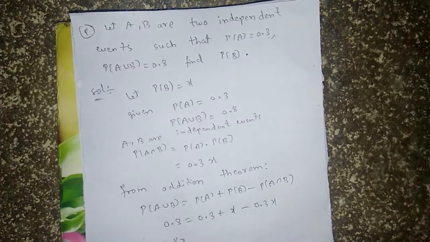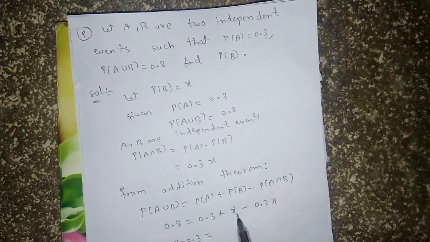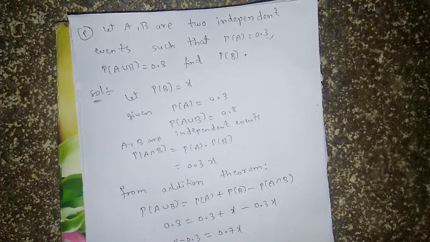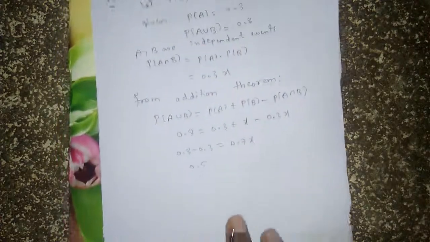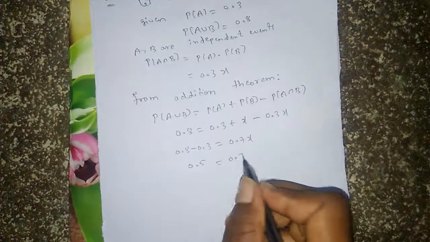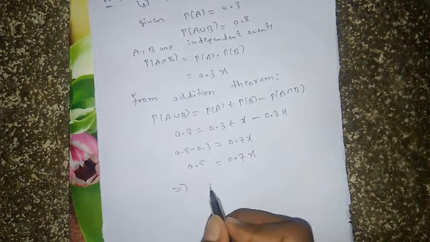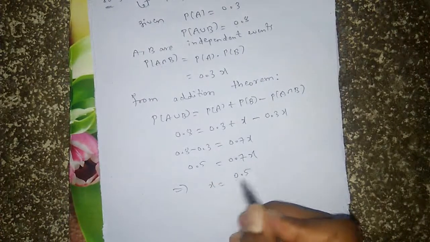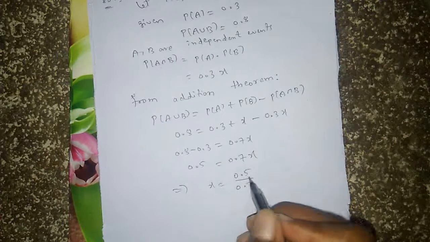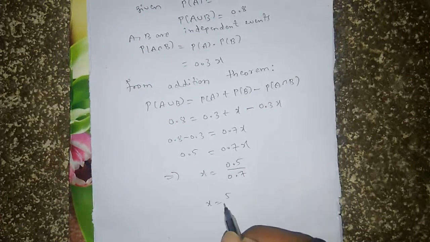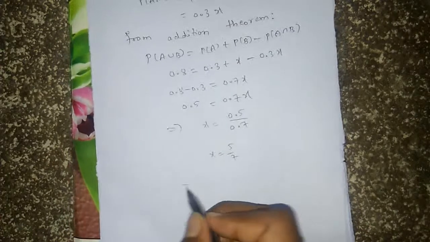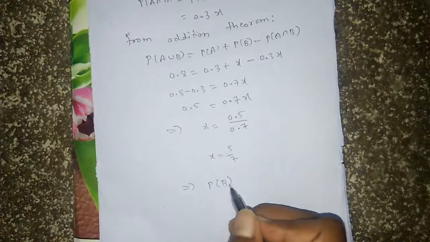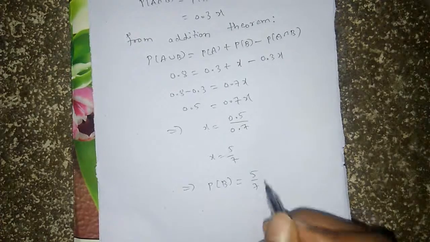This is 0.8 minus 0.3 is equal to X minus 0.3x, which is 0.7x. This is 0.5 is equal to 0.7x, implies X is equal to 0.5 by 0.7. The decimal point gets cancelled, X is equal to 5 by 7, that is P of B is equal to 5 by 7.